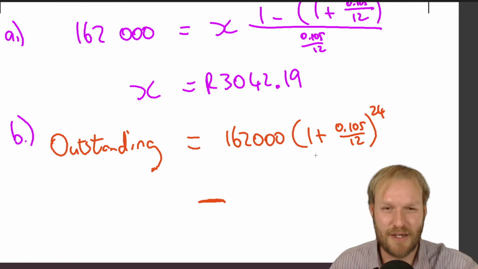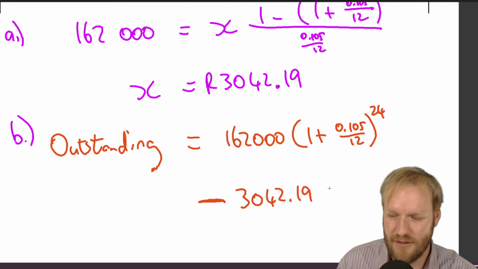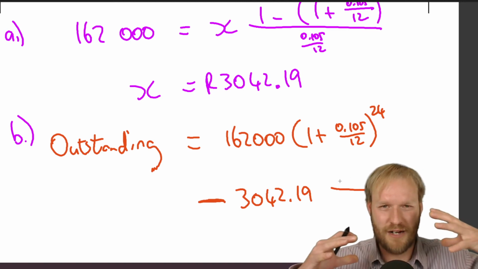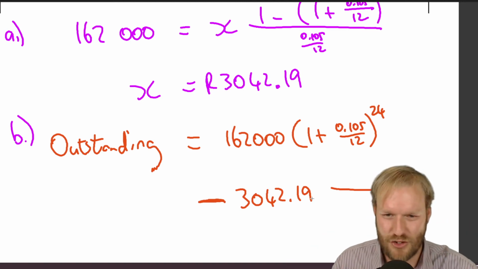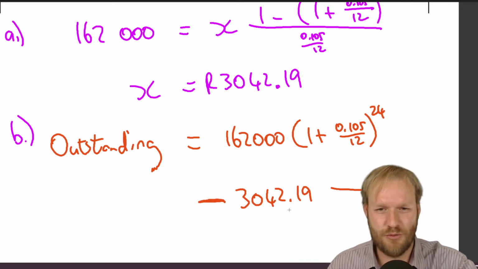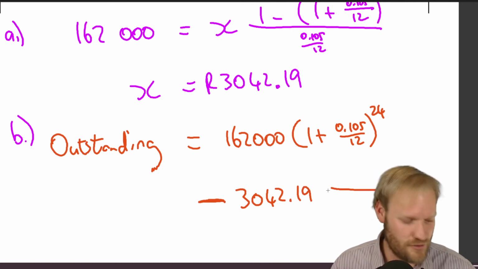That's how much the loan has grown to. Fortunately, we've been making monthly payments of 3042.19. But it's not like we've got 3,000 Rand times 24, because there's interest on each of those.